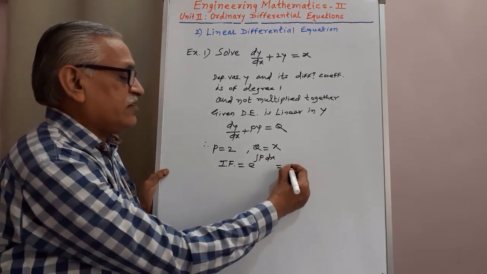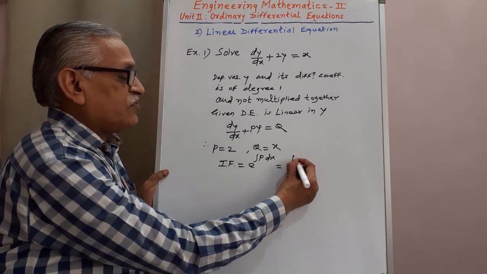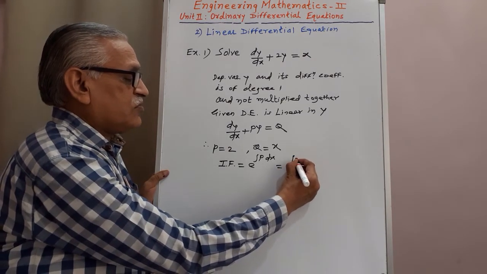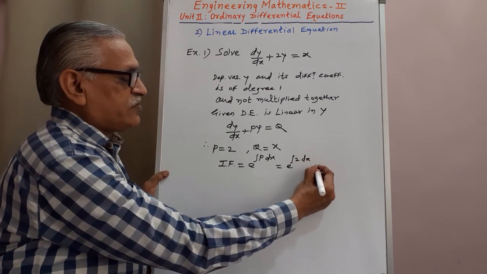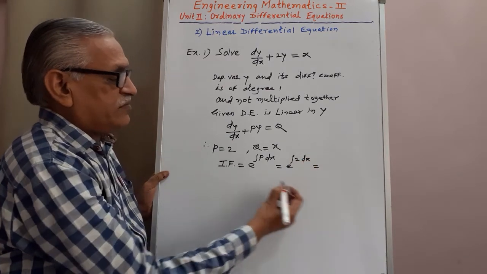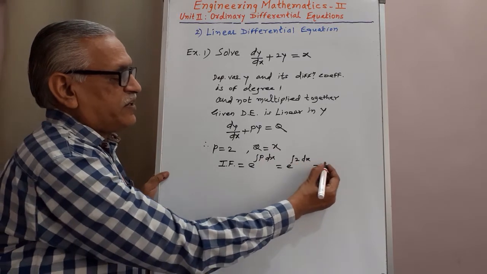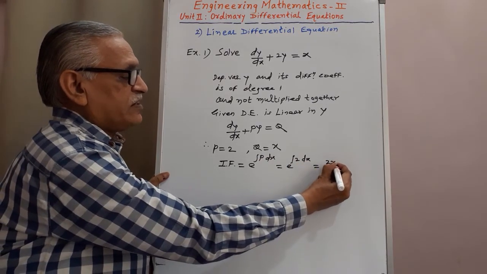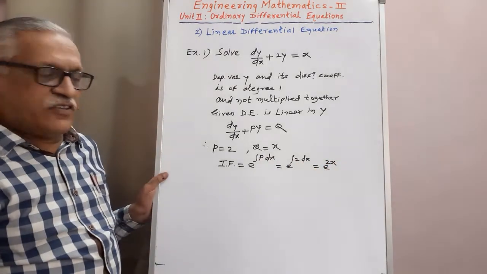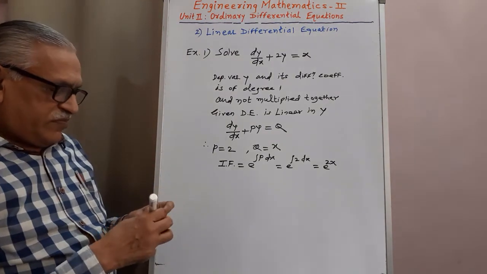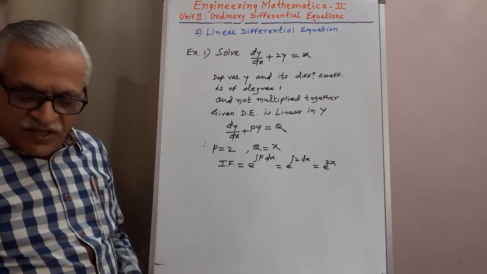Therefore, it is e raised to integration of 2 with respect to x, and therefore we get 2 constant outside. Integration of dx is x. Therefore, we get that the integrating factor is e raised to 2x, which we are calling a multiplying factor.